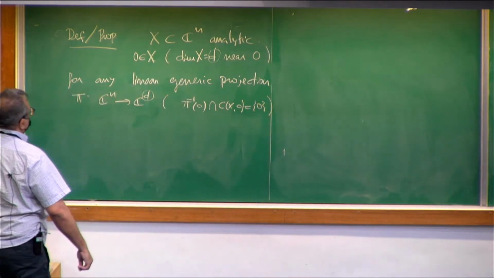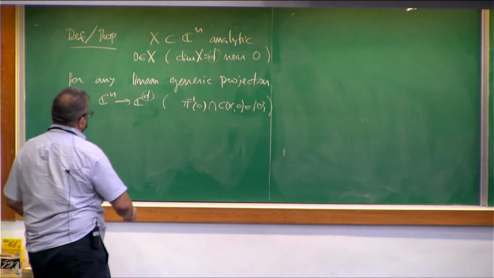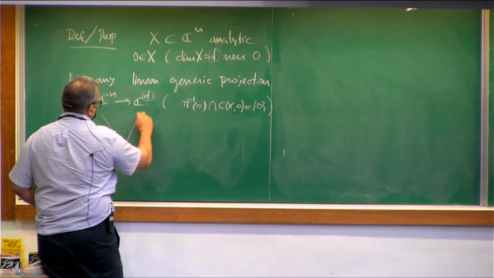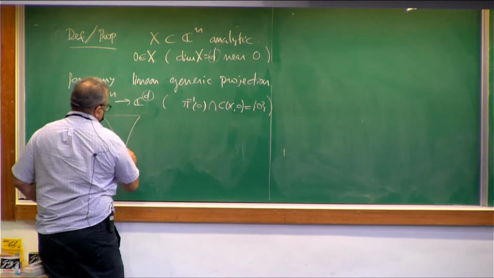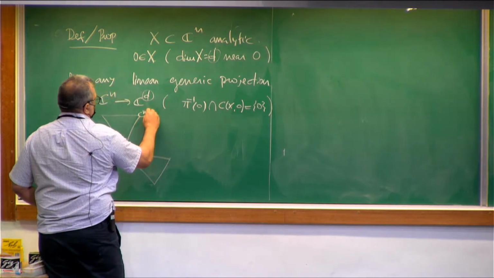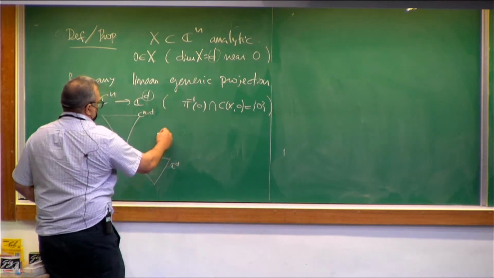Then, if you are in a setting like that, the picture is something like this. You decompose C^n, taking C^(n-d) and C^d. Your set lives here.